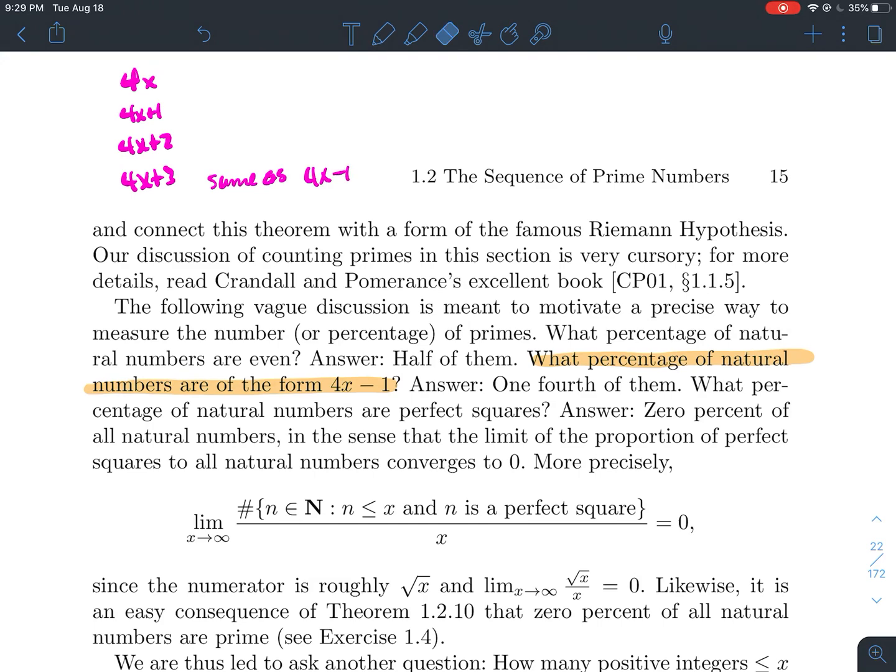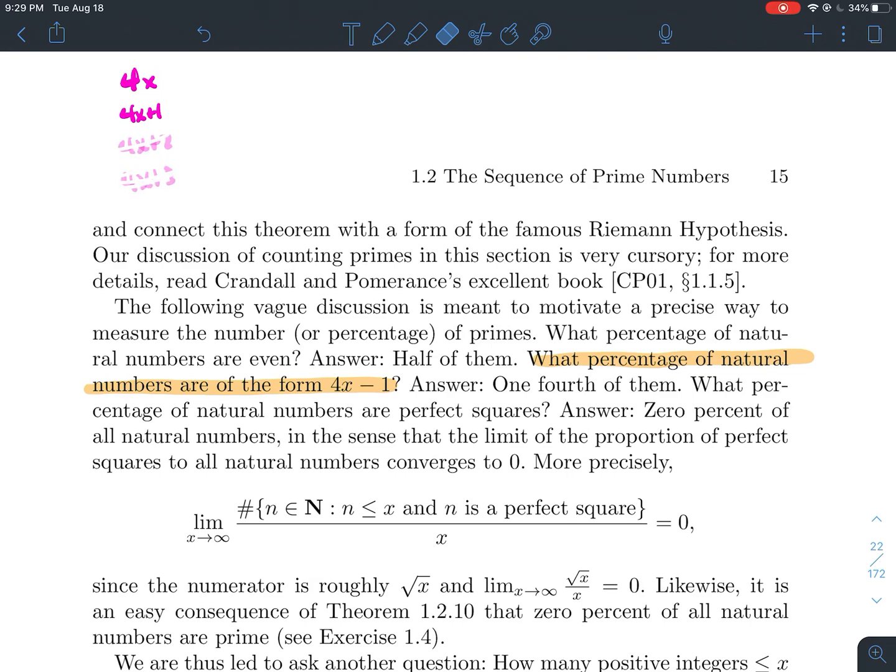Those have the same form. And so how many natural numbers have the form 4x minus 1? We would expect that 1/4 of them would be, right? The natural numbers could be split into these 4 categories, so this represents 1/4 of them that I've highlighted below.